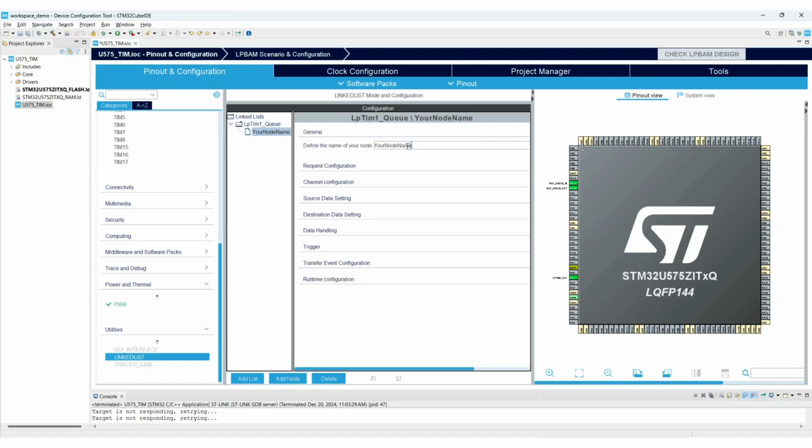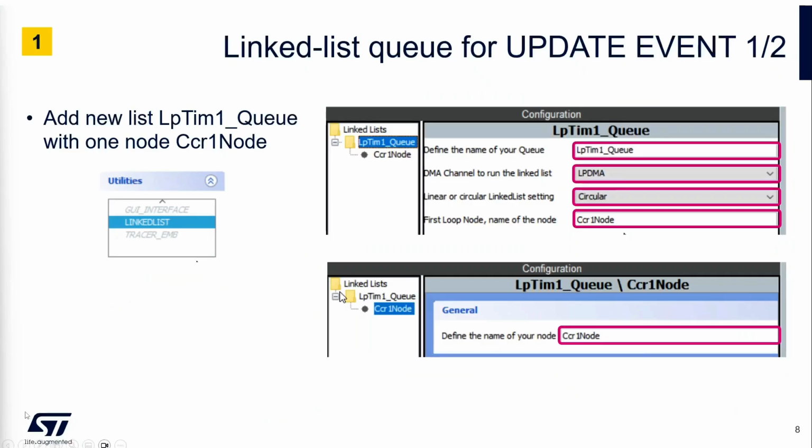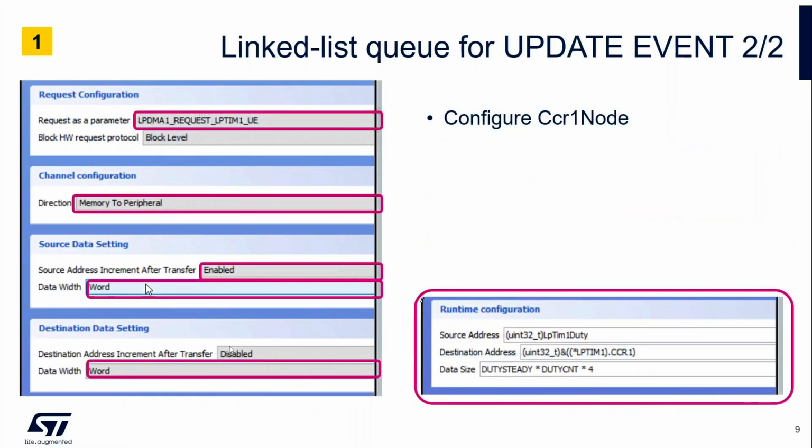That is simple. Request will be from the update event, but the compare capture register will be changed. Now we set these settings: update request from update event, memory to peripheral. We will increment the address in RAM and not increment the address in the peripheral hardware.